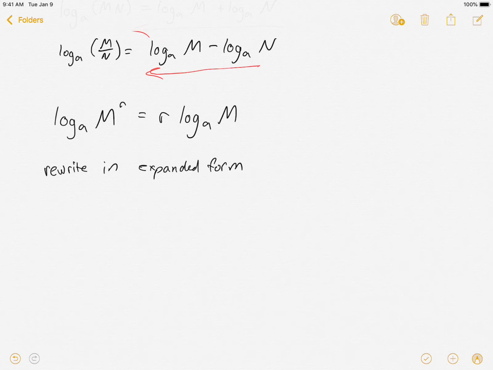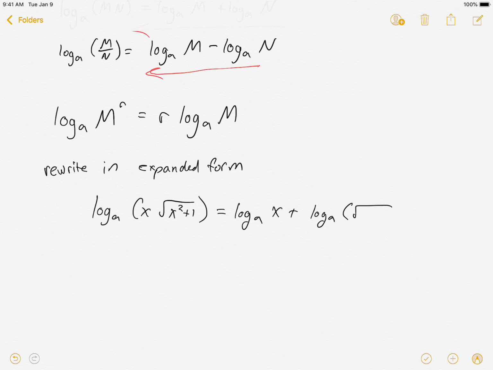Okay, so let's say I have log base a of x times the square root of x squared plus 1. Okay, so if we expand this out, we can rewrite these guys by adding, because they are multiplied.